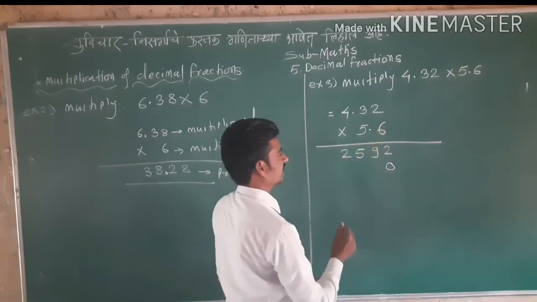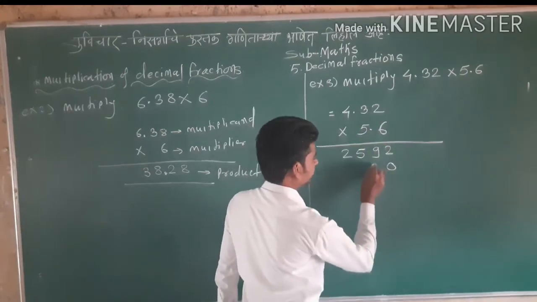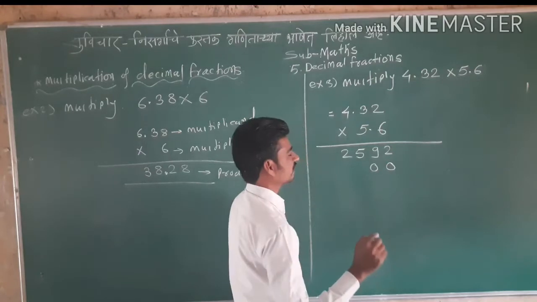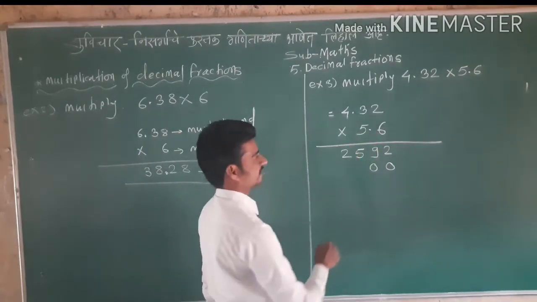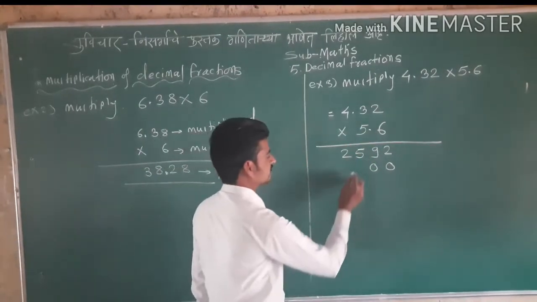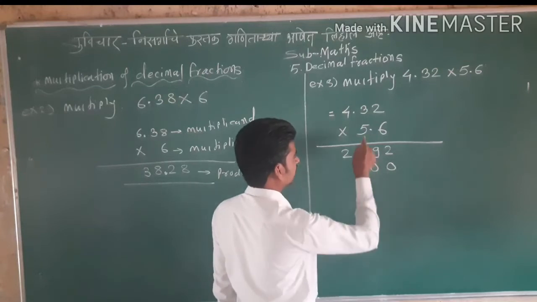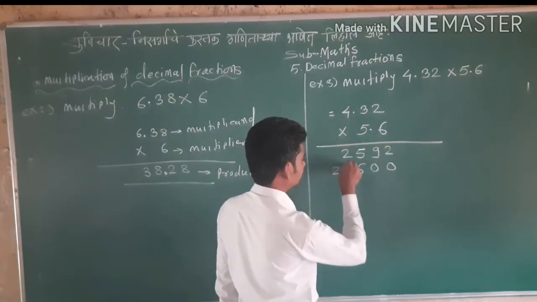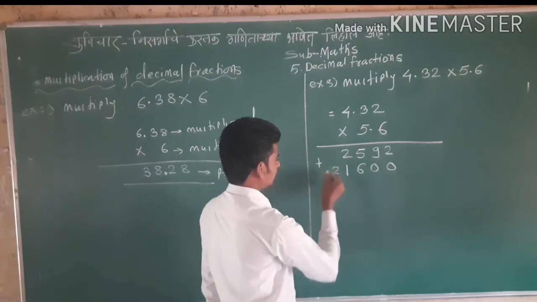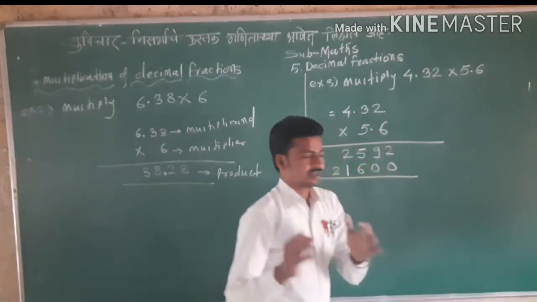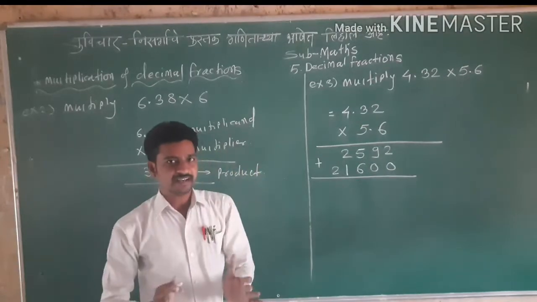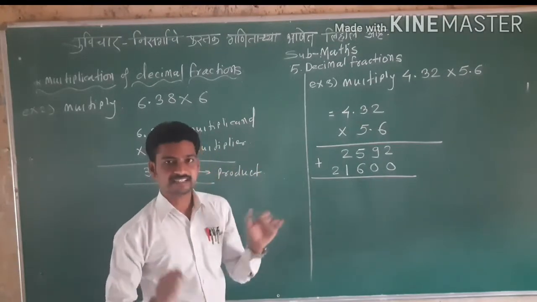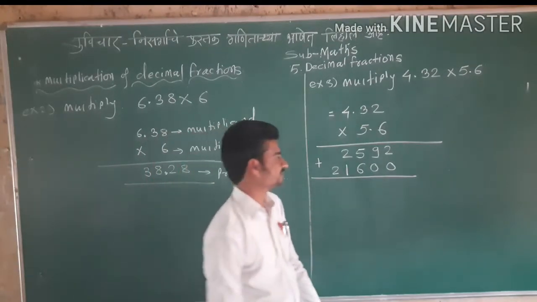आता 5 ने मल्टिप्लाय करूया. 5 2 जा 10 कॅरीड ओव्हर 1, 5 3 जा 15 plus 1 16 carried over 1, 5 into 4 20 plus 1 21. Always remember, carried over keep in your mind. हातचे कुठेही न लिहिता ते आपल्या मनामध्ये ठेवा.